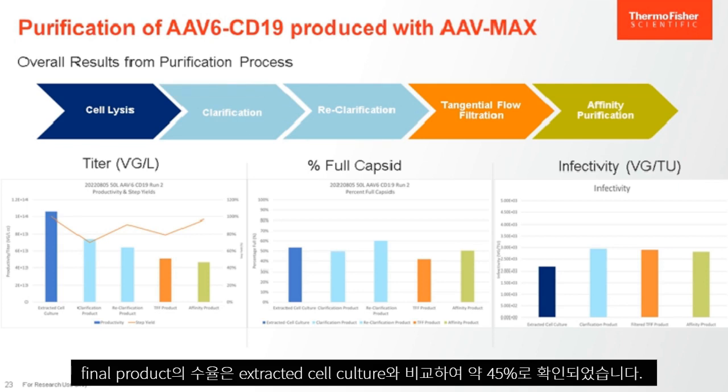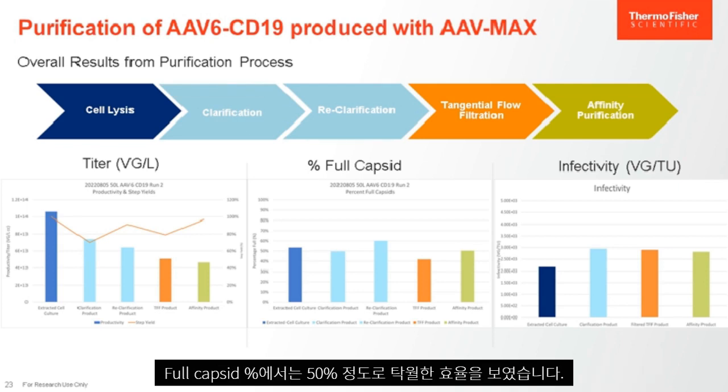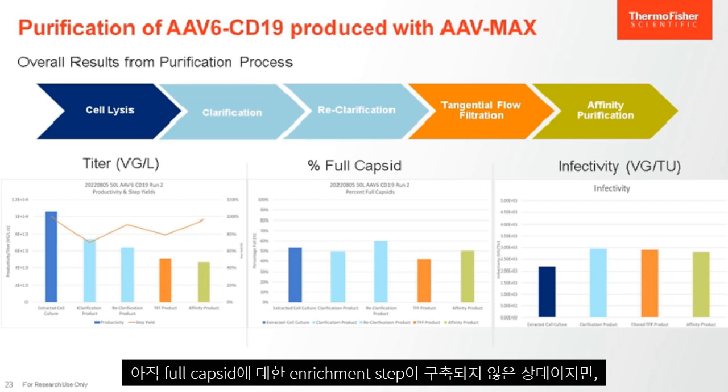In terms of the percent full capsids, the AAV-MAX system did an excellent job here with regard to percent full. Since we did not yet have a full capsid enrichment step built into this protocol, that will be part of the next webinar series that we present on.